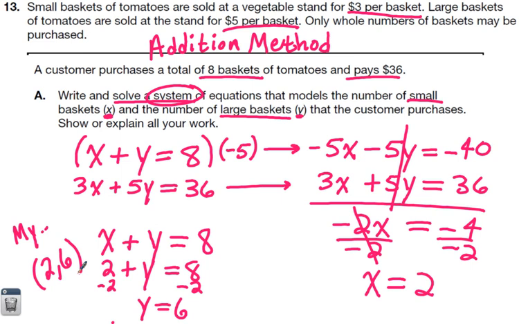It cannot hurt to add a final sentence that makes it clear what your final answer is. Okay, usually they might have a space for you to write your final answer, but I don't think they do on this one, so it might be a good idea to literally write down that the number of small baskets a customer purchased was 2, and the number of large baskets purchased was 6. Okay?